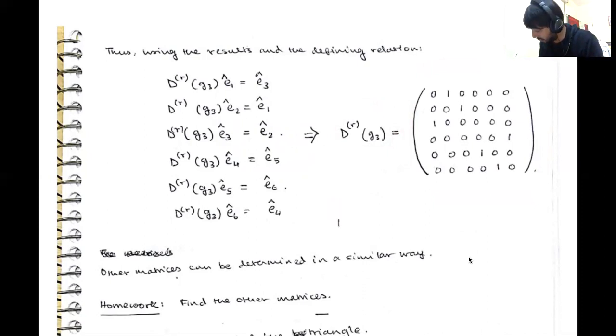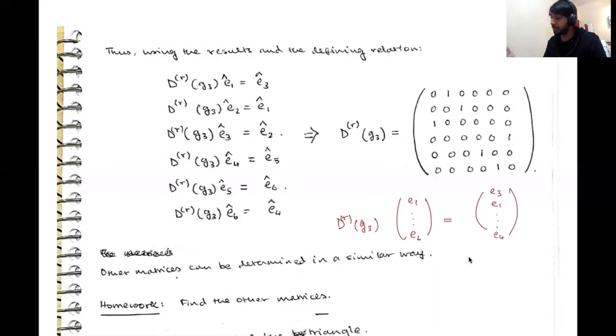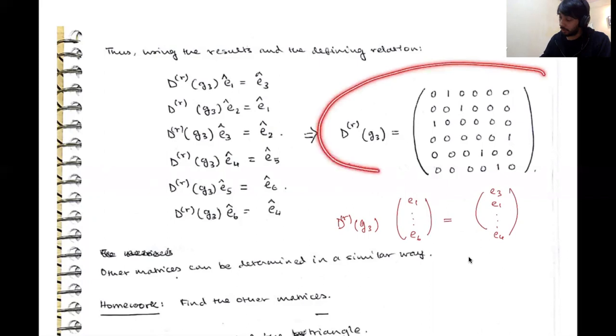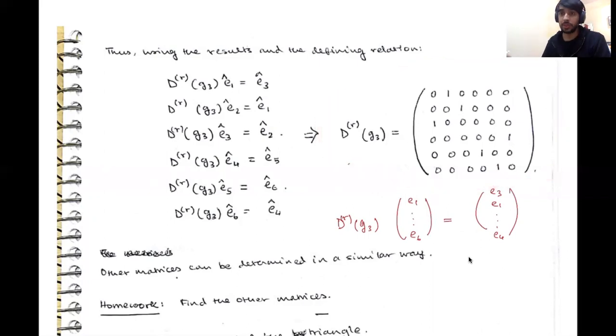You want to find dr of G3, and this is going to be E1 dot dot dot E6, and this is going to give you E3, E1, etc., up to E4. So the matrix which does this is going to be this matrix that I wrote down out here. So this is going to be the representation, the regular representation of G3.